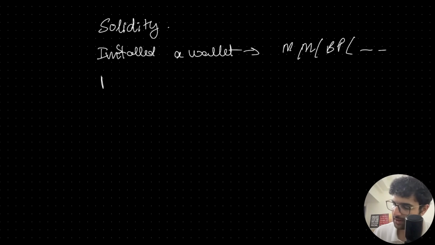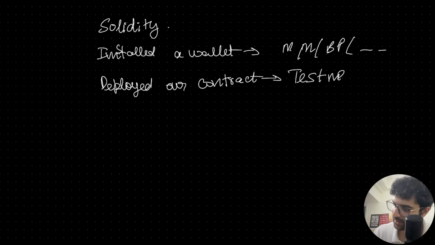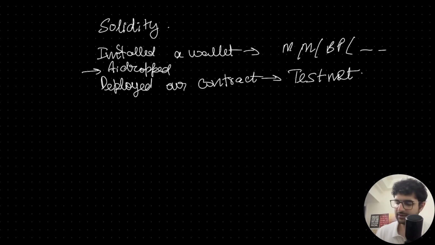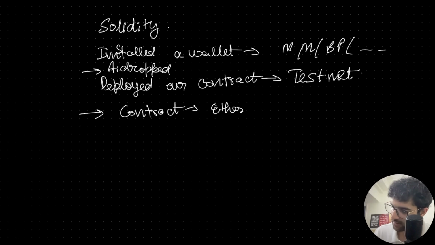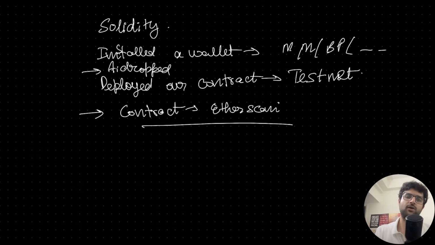Then we deployed our contract on the testnet, not on Ethereum mainnet yet. And before that, we also sort of airdropped ourselves some testnet ETH, which you can do if you have real ETH, otherwise you won't be able to. And finally, we put the contract on Etherscan. Why? So that other people can go there and now read the contract and be sure before they interact with our contract.